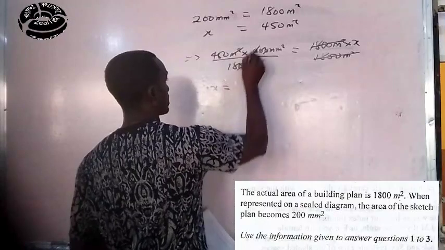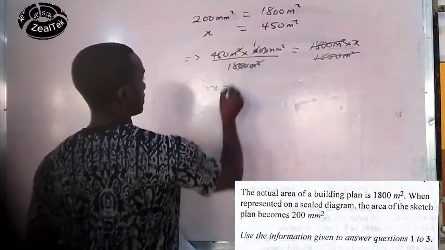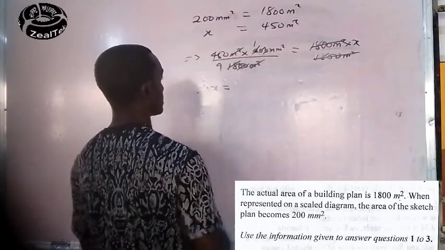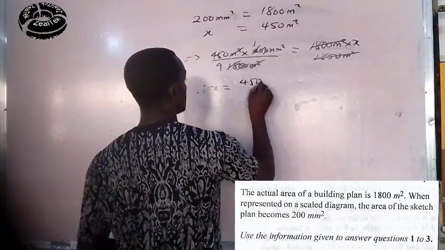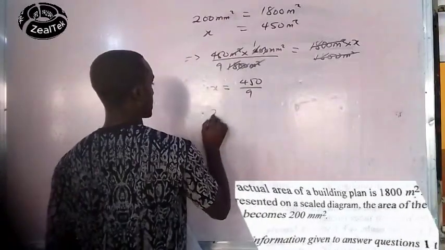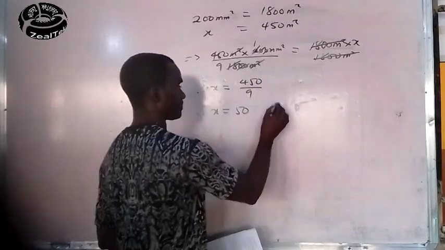We have 1. And then we also have this 2 comes here, becomes 9. Do you see that? So this time this is going to become 450 all over 9 is equal to x. Automatically x is equal to 50. And then the answer here is D.